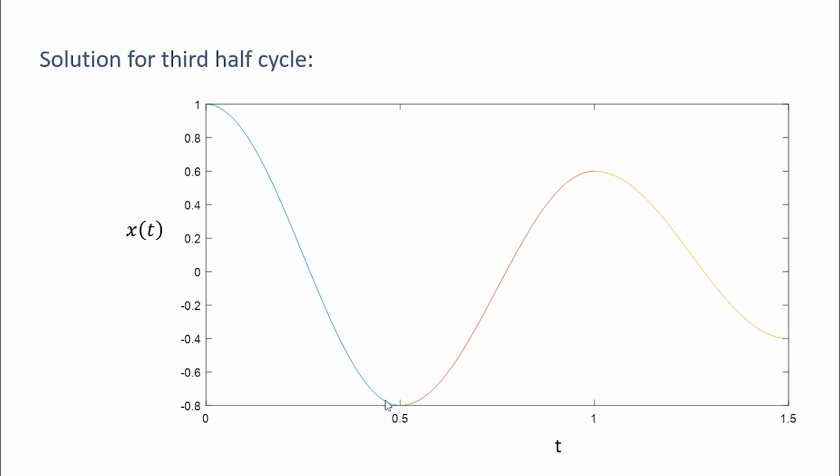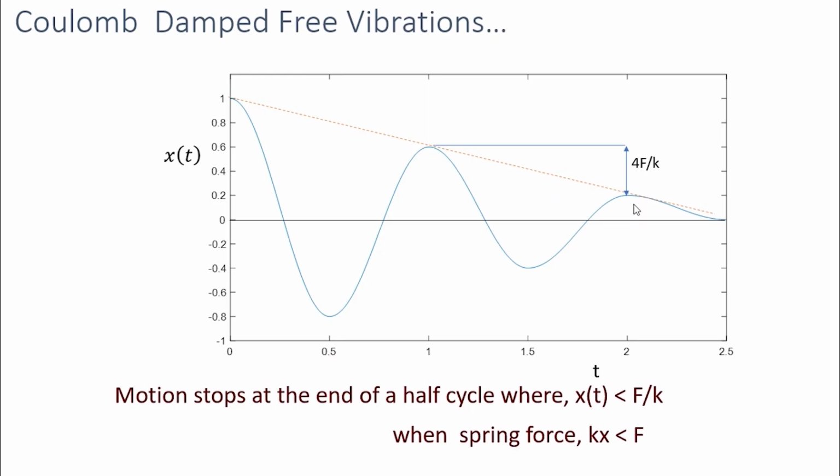So this was the solution in the first half cycle, this is the second half cycle, and now this is the third half cycle. And the solution is equal to x naught minus 5f by k cos omega nt plus f by k.